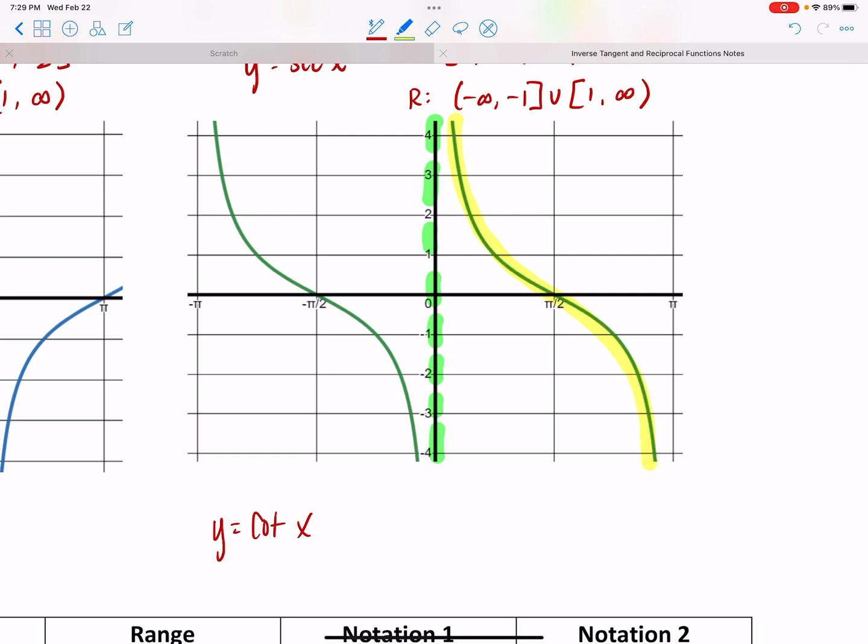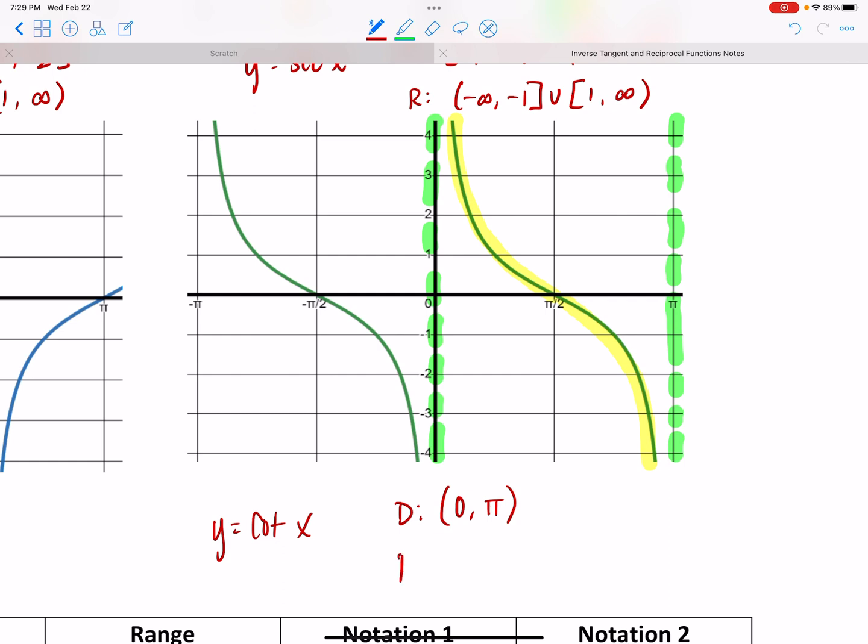So if I just take the one cycle of cotangent, that's going to go from 0 to pi, of course excluding 0 and pi where we have the asymptotes, then we have an interval that is one-to-one, and again captures everything that's possible in terms of outputs for cotangent. So let's restrict cotangent to its one cycle that goes from 0 to pi. Again, not able to include 0 or pi because there are asymptotes there.